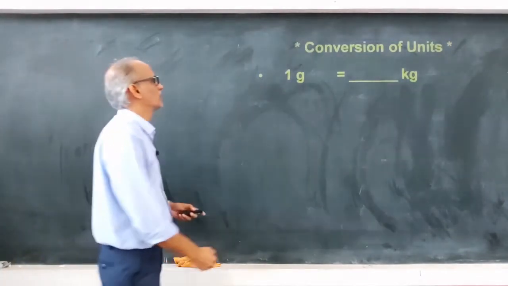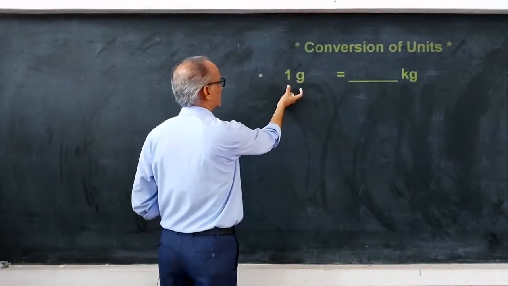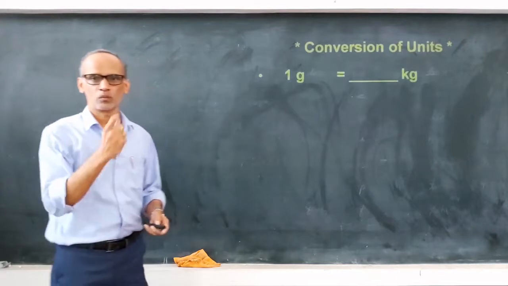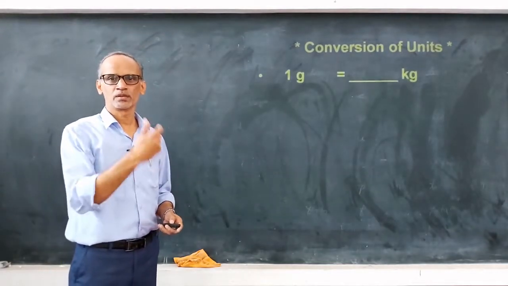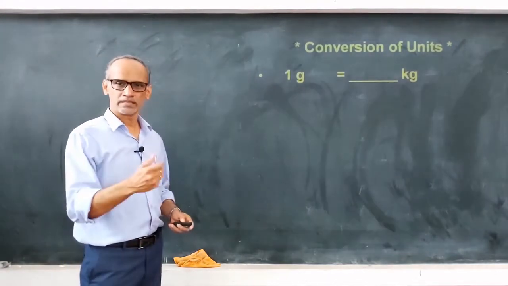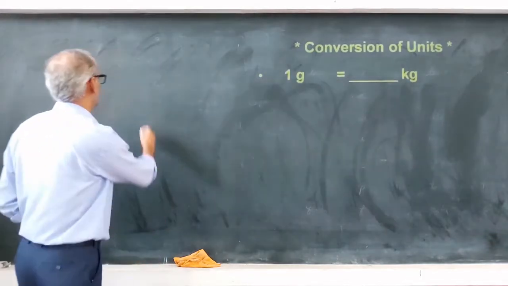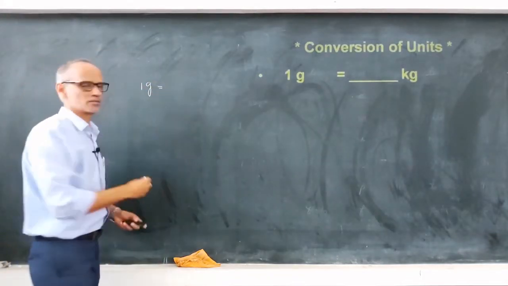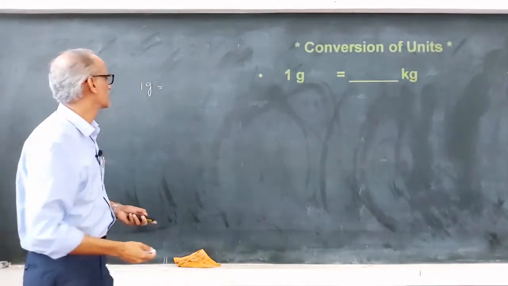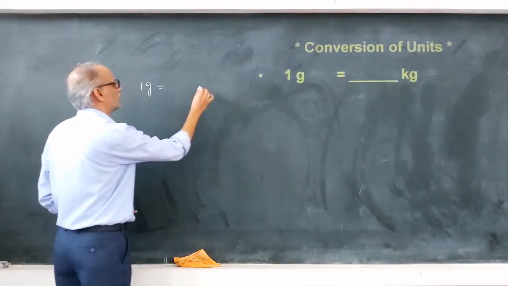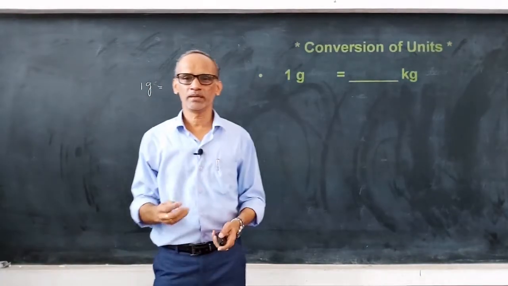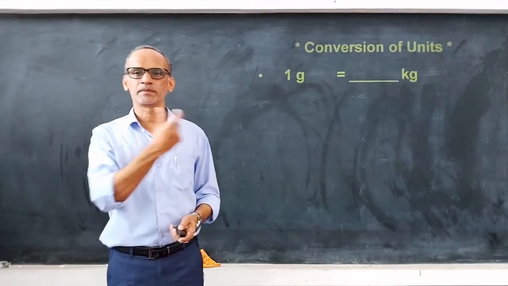Now, I want to convert 1 gram to kilogram. Let's see how to write this. This is very easy to write, if you understand. 1 gram, I want in terms of kilo. So tell me, what do you mean by kilogram? What is the prefix used?